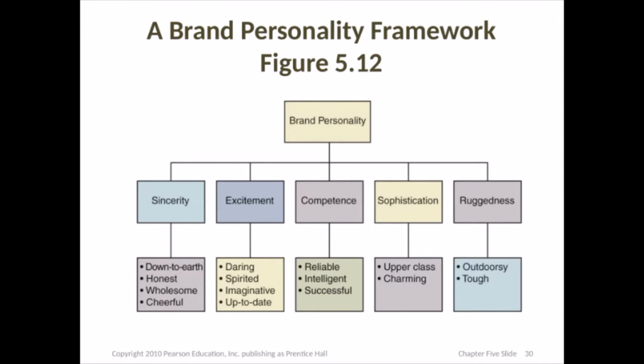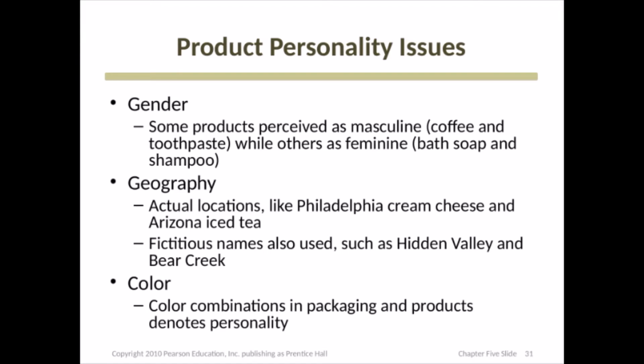Okay, we have several ways of putting brand personality. Sometimes we have brands connected with gender, sometimes with geography, and also brands connected with color. So sometimes the brand is connected to gender. تمام، assigning a gender to product personality. مثلا مستر كوفي، اهو راجل، يبقى مش ست، يبقى هنا brand personality regarding a specific gender. تمام.